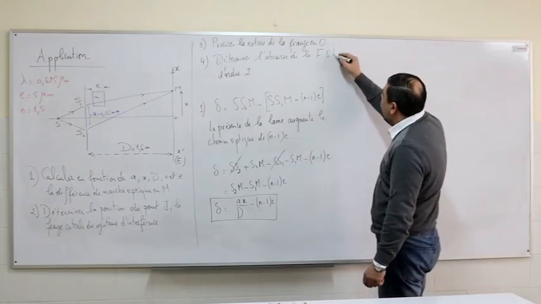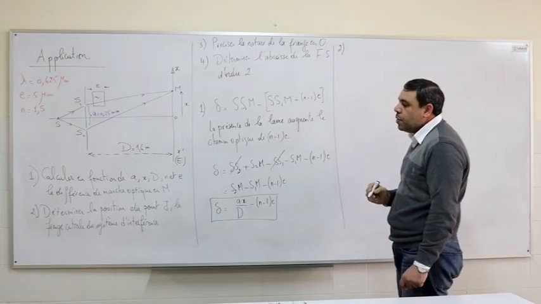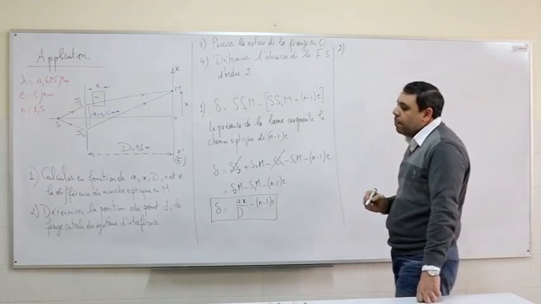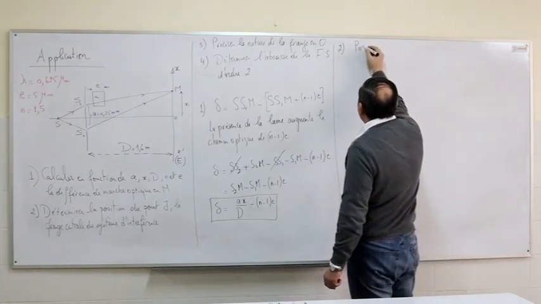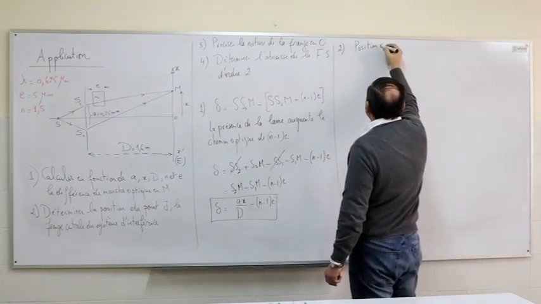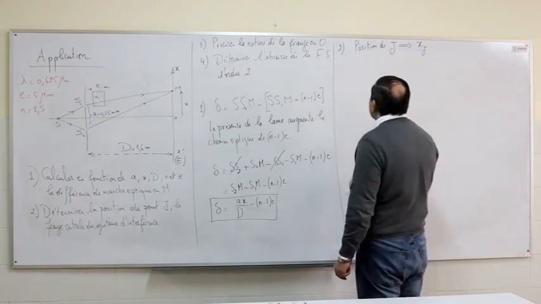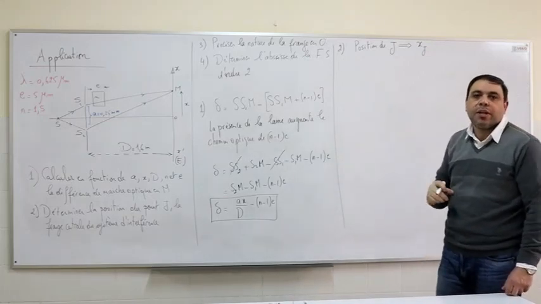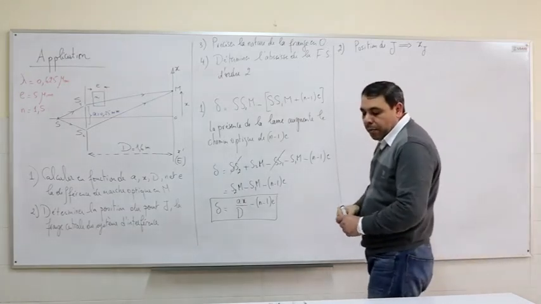In part 2, determine the position of a point J where the central fringe is found. When we ask about the position, we mean that we have to find the abscissa. So how to find the abscissa of point J?